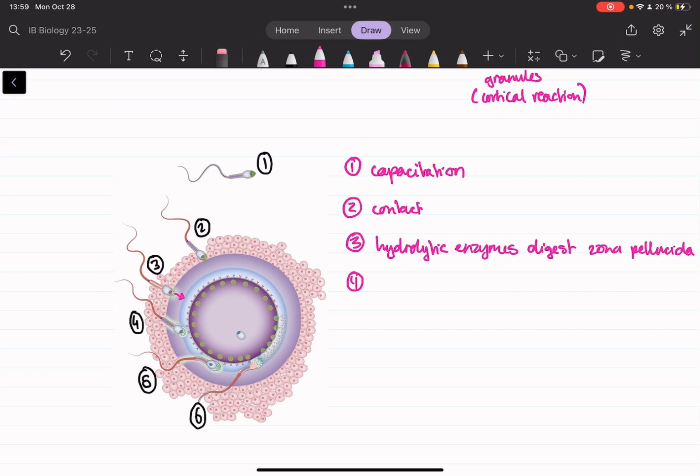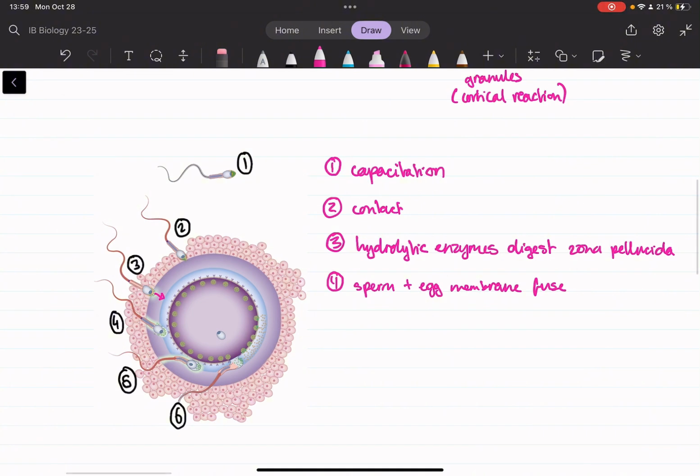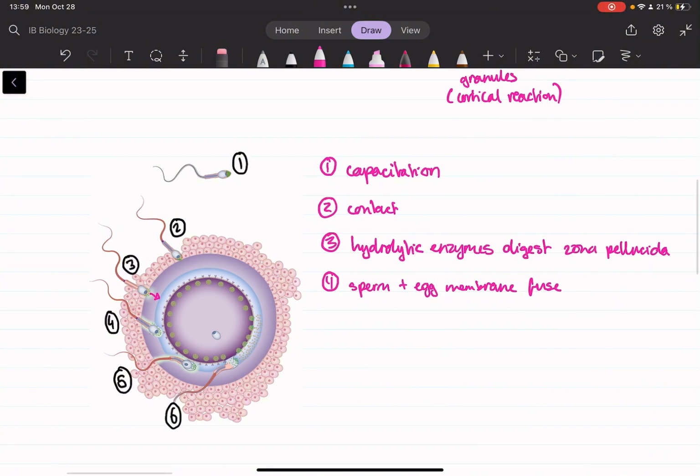So what happens next is that the sperm and the egg cell membrane fuse. So both of the membranes fuse. And this is important because the egg will recognize, through the protein receptors, that there has already been a sperm that has made contact with it.